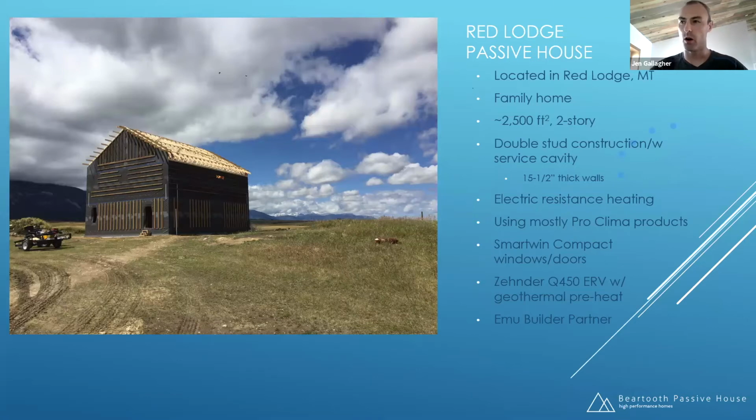So they make WRBs, they make tapes of all various thicknesses and sizes and everything. So we use mostly their products. Our windows are from a company called SmartWin. Compact is the version or the model of those windows. We'll cover that a little bit more in depth. For our ventilation, we have a Zehnder 2450 ERV. We'll get into that a little bit more.